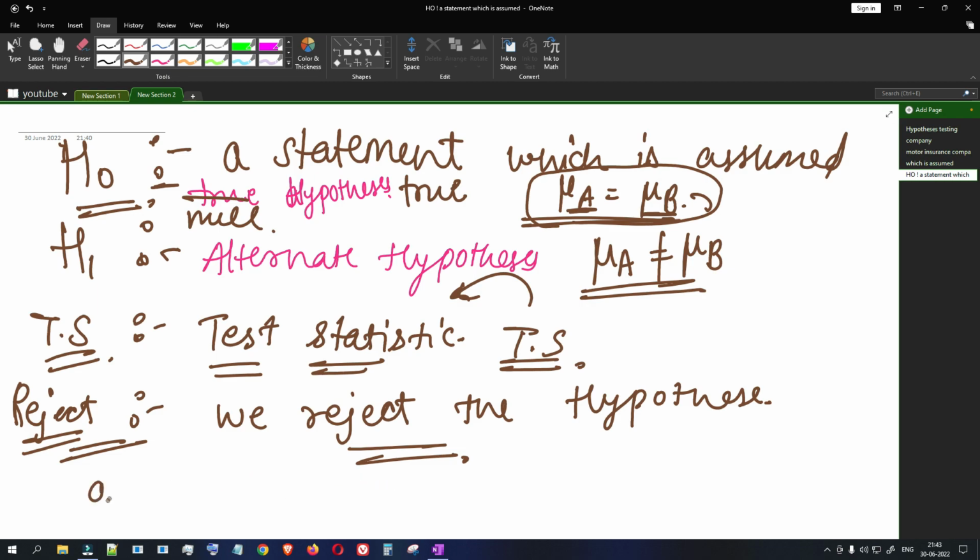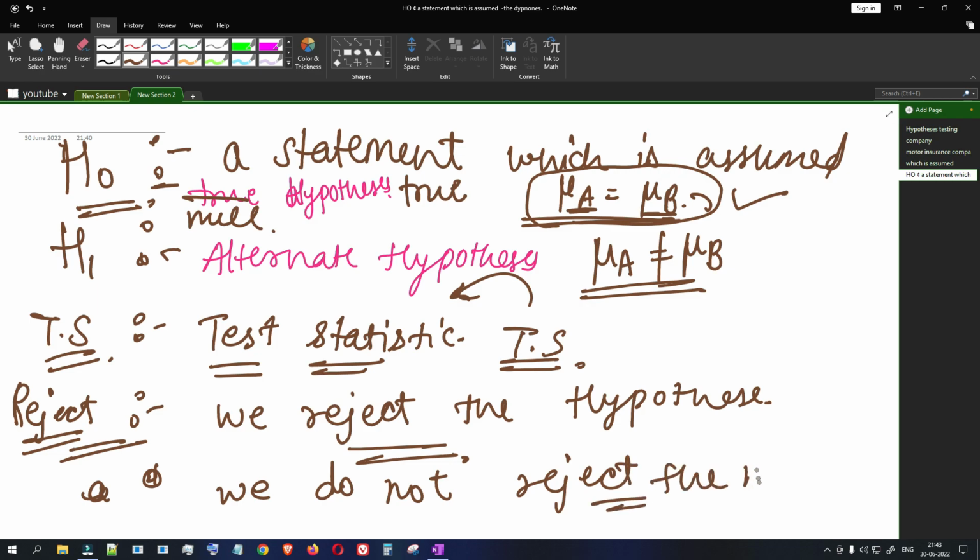But if H0 is true, then you would not say that you are accepting it. We would say that we do not reject the null hypothesis. Now, you may think these two phrases are the same words, that we do not reject and we accept are the same.